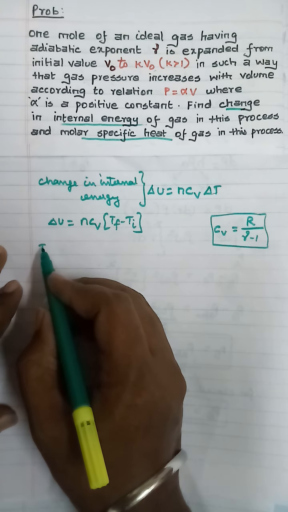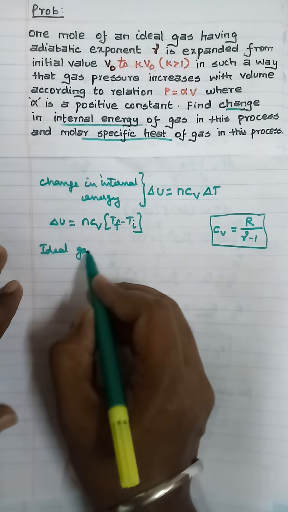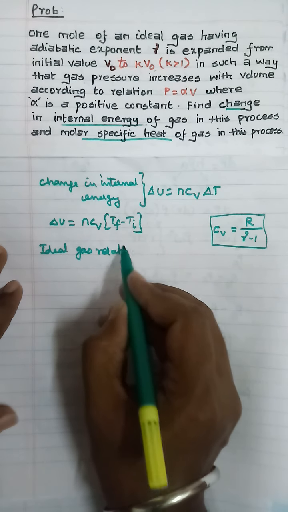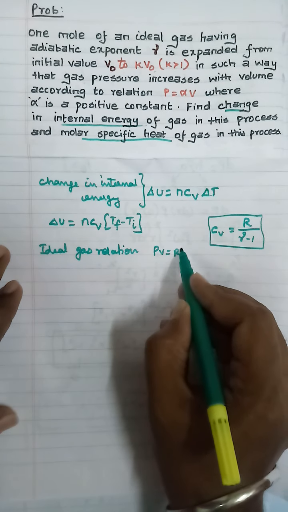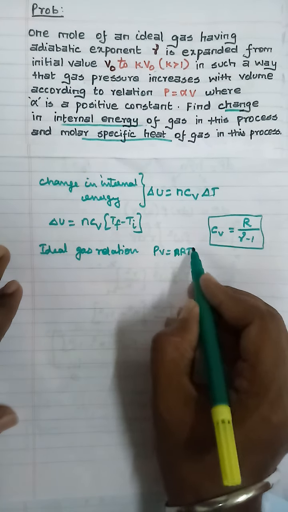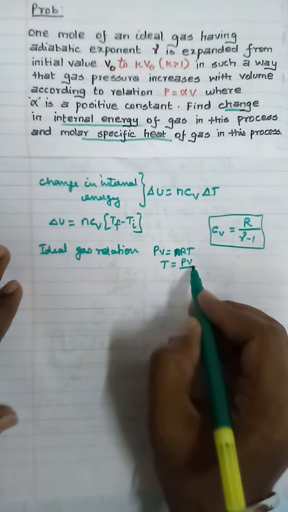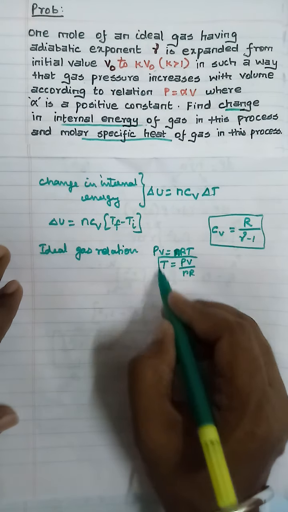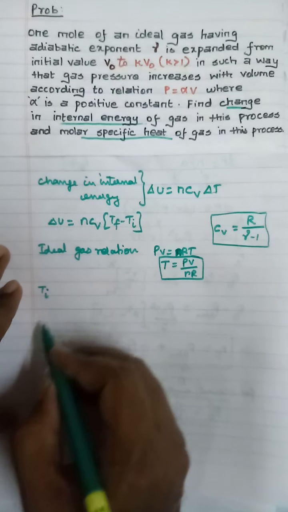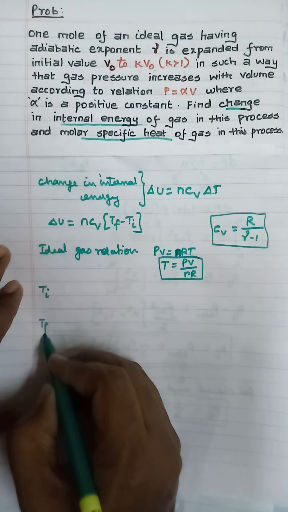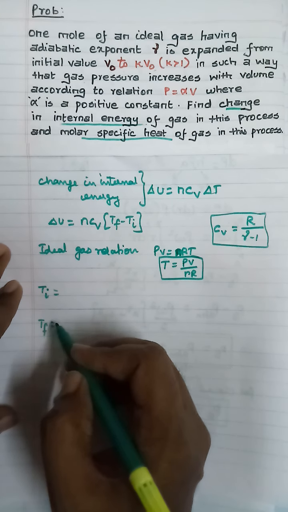For that you can use the ideal gas relation, that is PV is equal to nRT. Here T is equal to PV by nR. From this relation we can find out Ti and Tf, that is the initial temperature and final temperature.